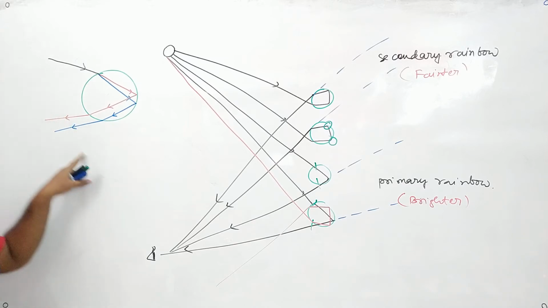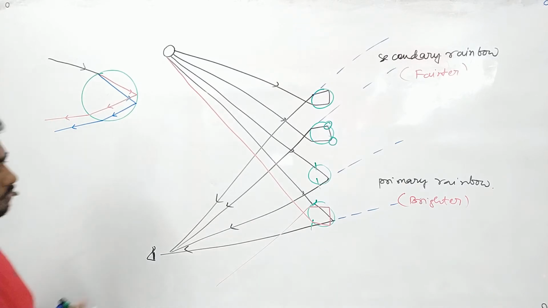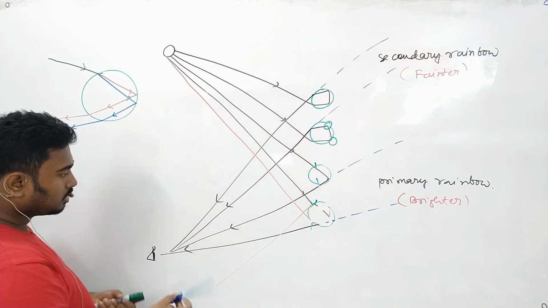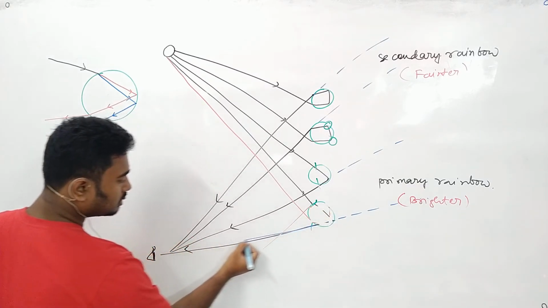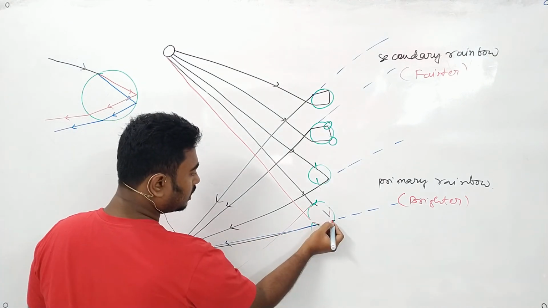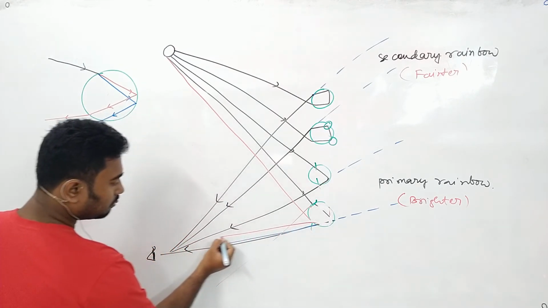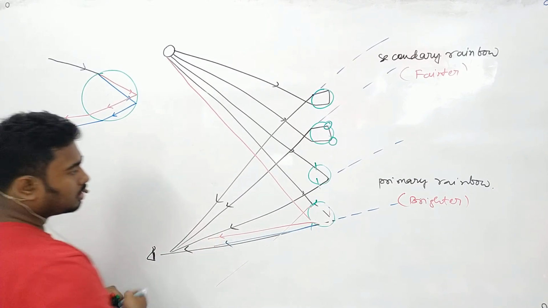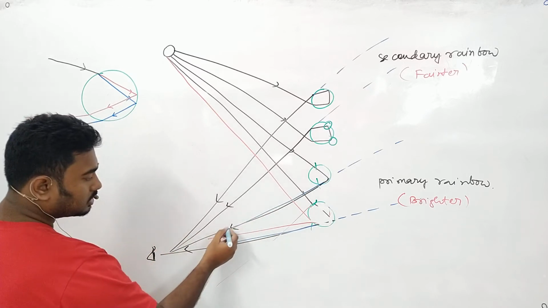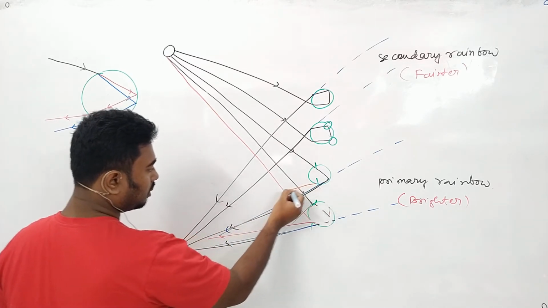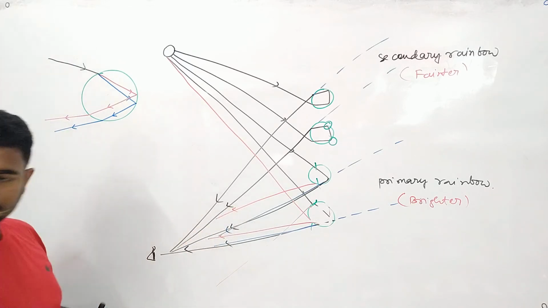Now imagine both of these rays in this situation. So I will see that the blue will go like this and then the red will come like this, right? In this situation, the blue will come like this and the red will come like this, right?